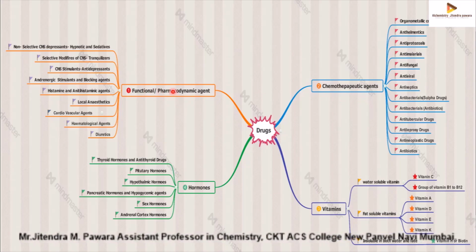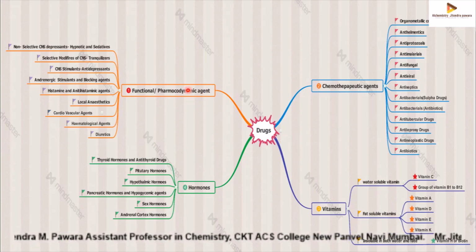So what is a functional or pharmacodynamic agent? These are the drugs which act on various physiological functions of the body. That drug is called a pharmacodynamic agent. These may be further classified as follows.